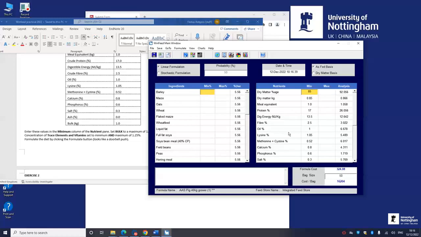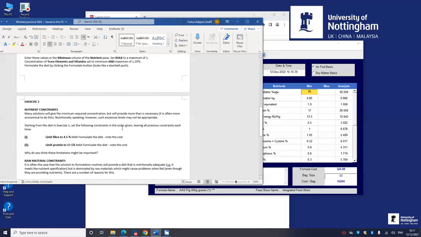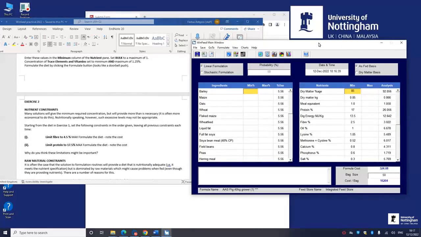So for example, I can note down my price, 16204 per bag. This should be in pence, if I'm not mistaken. And then we can go further by setting other constraints.